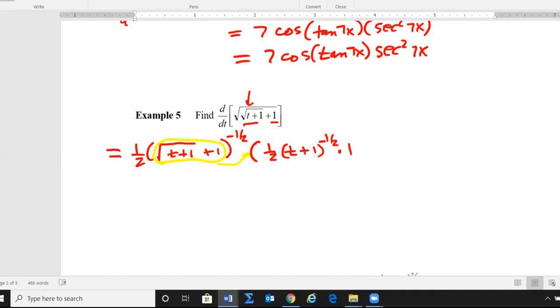Derivative of t plus 1 is 1. So you don't really notice the 1 there, but had that been 2t plus 1, then this would have been a 2, because the derivative of 2t plus 1 would have been a 2. But it is just a t plus 1, so its derivative is just the 1 in front of the t. Okay, that takes care of that part. Now plus the 1, well, that's plus a 0, so it doesn't show up at all.